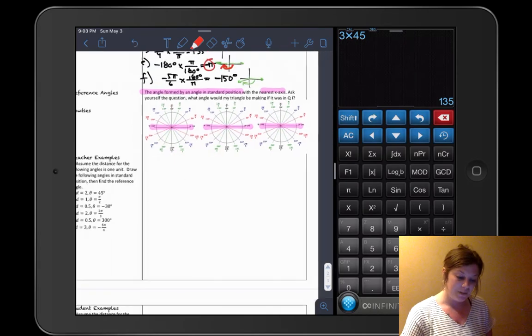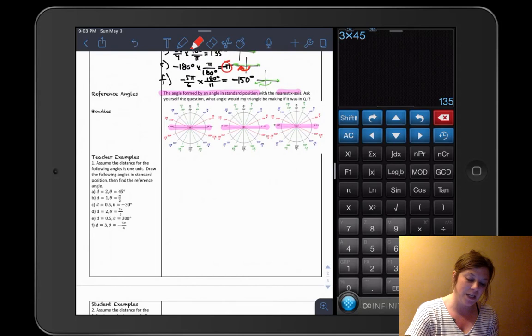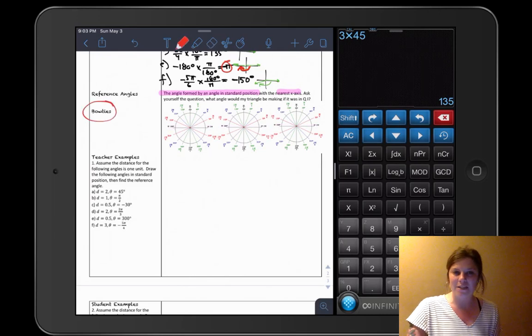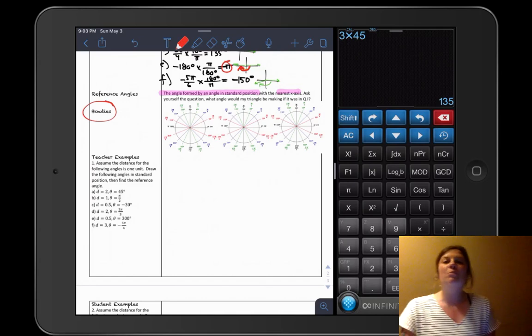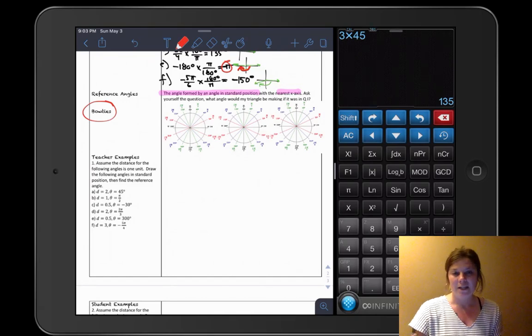Okay. So you can ask yourself what angle my triangle would be if I was making it in quarter one. Maybe that would be a helpful thing to think, and maybe you can understand that in just a minute. Why did I put the word bow ties here? The reason is that we can make 4 of the same triangles for every single pattern in this unit circle.